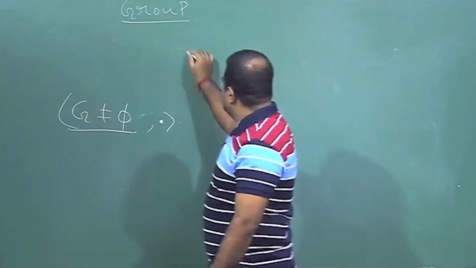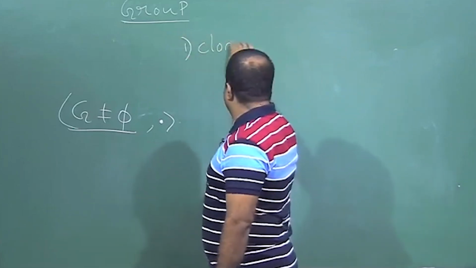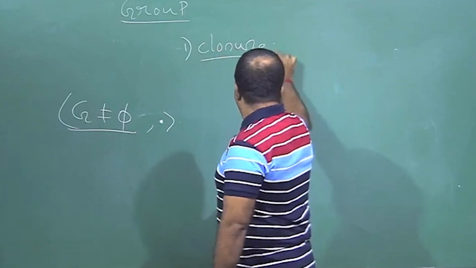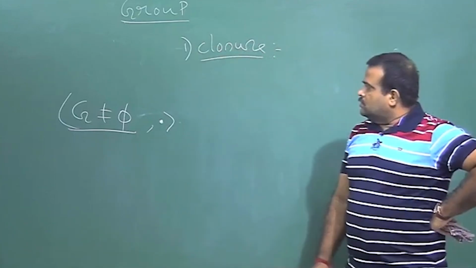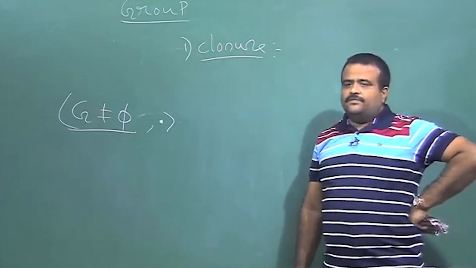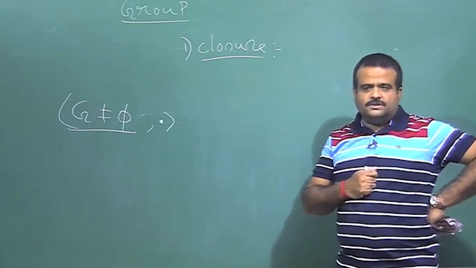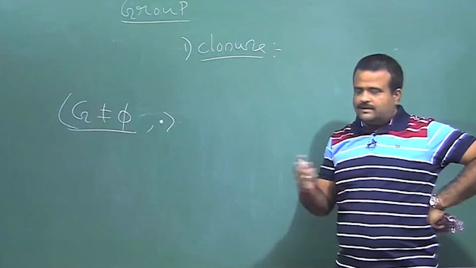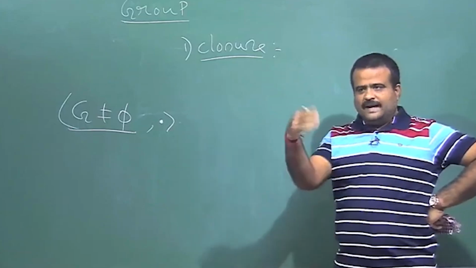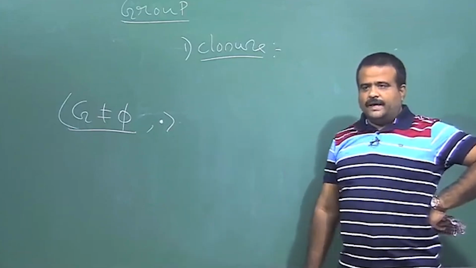So, the first property is the closure property. Closure property is telling us if you take any two elements A, B from this set, and operate under this operator, then that must belong again to that set.